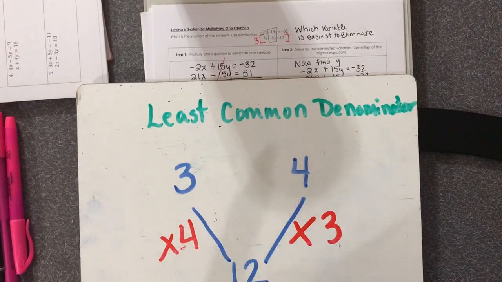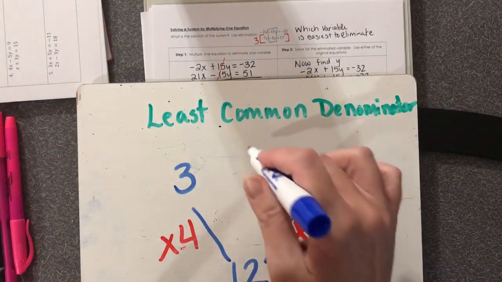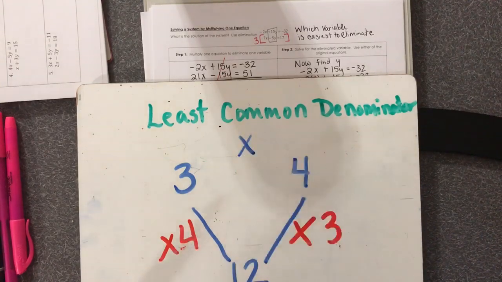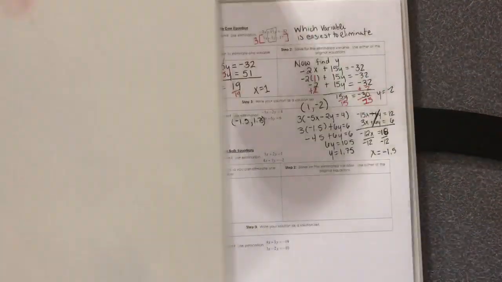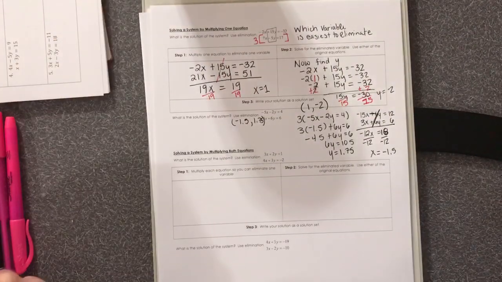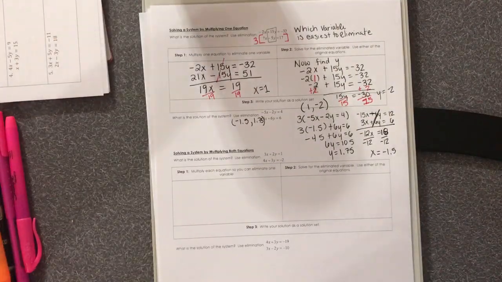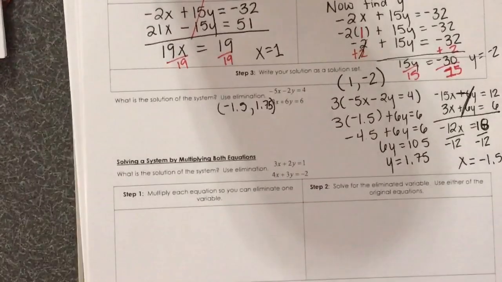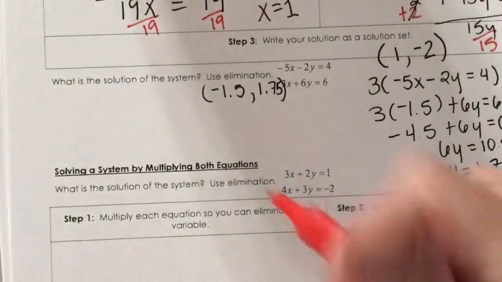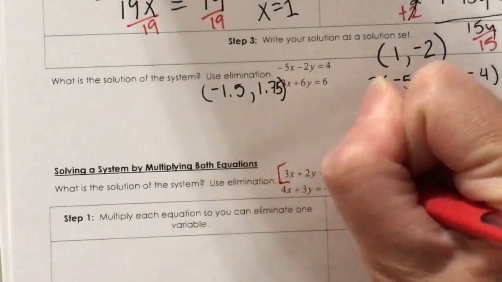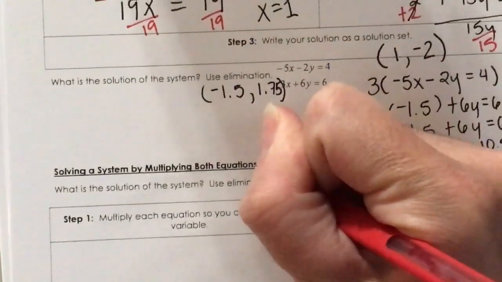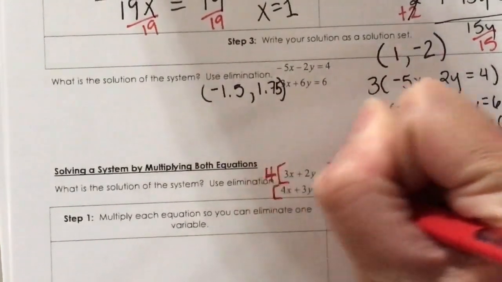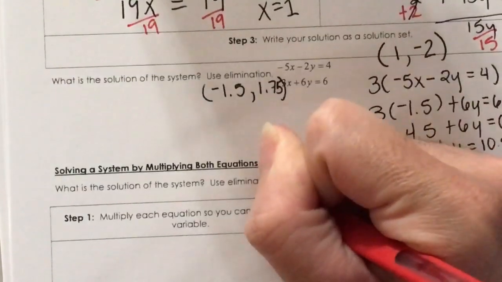So you have the 3x and the 4x, and you're going to multiply the 3 by the 4, and the 4 by the 3. So I'm going to distribute through a 4 here, and through the 3 here.